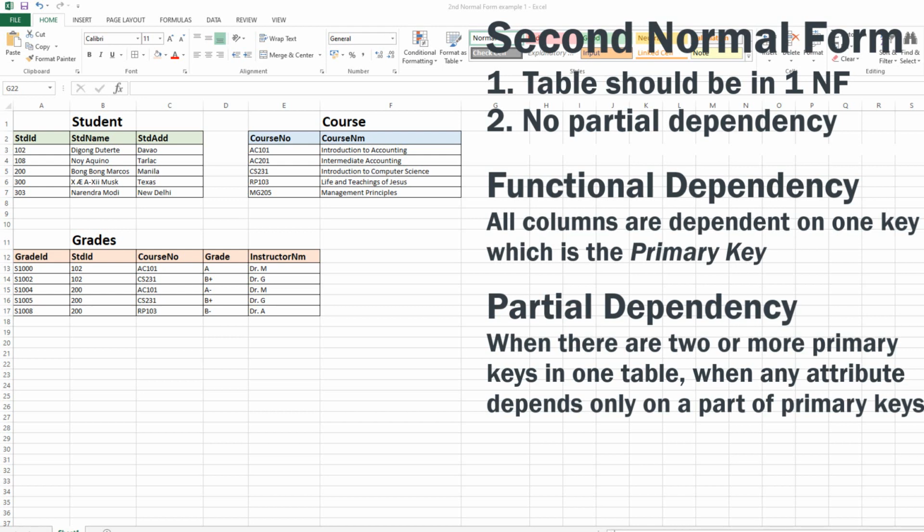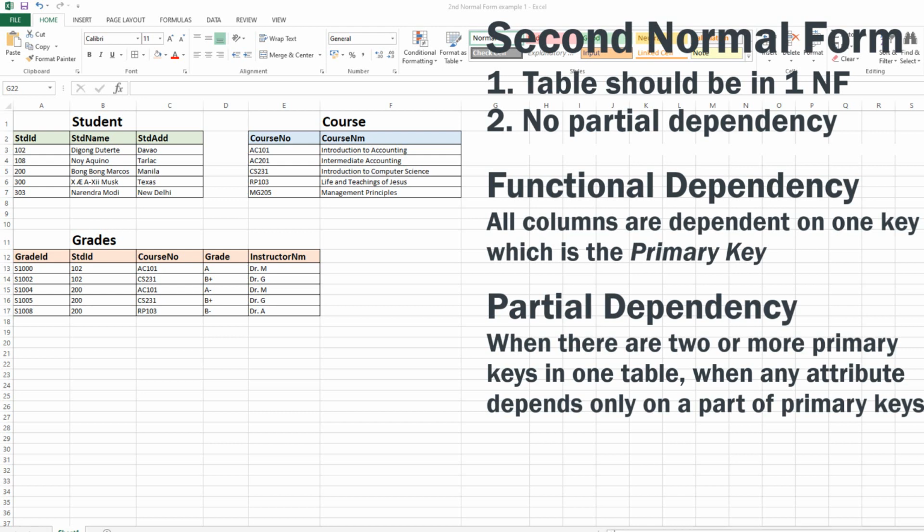Therefore, we can say that the instructor name attribute has a partial dependency on the course number. But for grade, it is not partial dependency because to identify a particular grade, we need both the student ID and the course number combined.